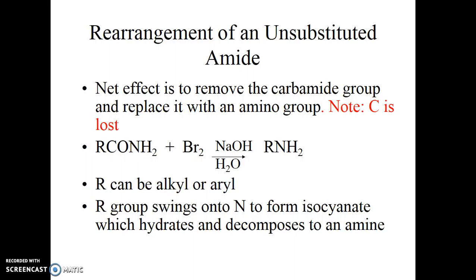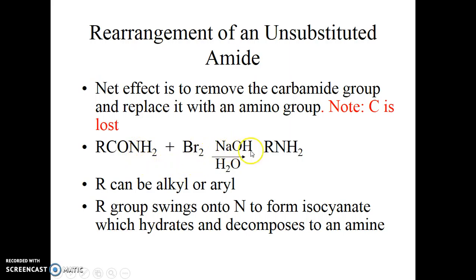You take an amide and you treat it with bromine and sodium hydroxide, and you end up with an amine. This R group right here swings over onto the nitrogen, and then you lose this carbonyl, and you end up getting a primary amine. How does this occur? Well, under equilibrium conditions, the sodium hydroxide will deprotonate this nitrogen, which then is brominated.